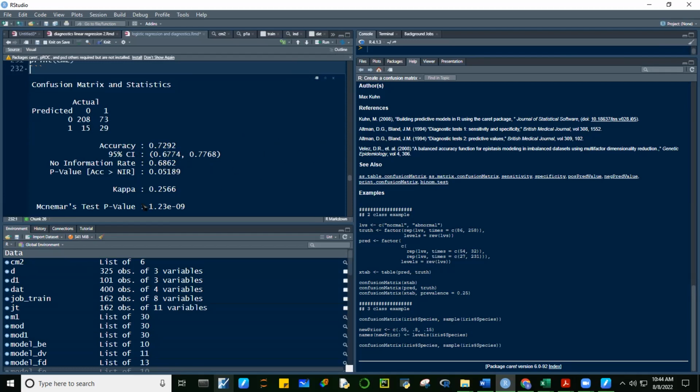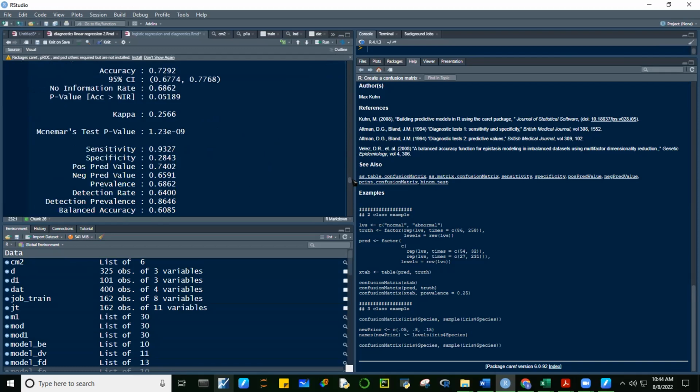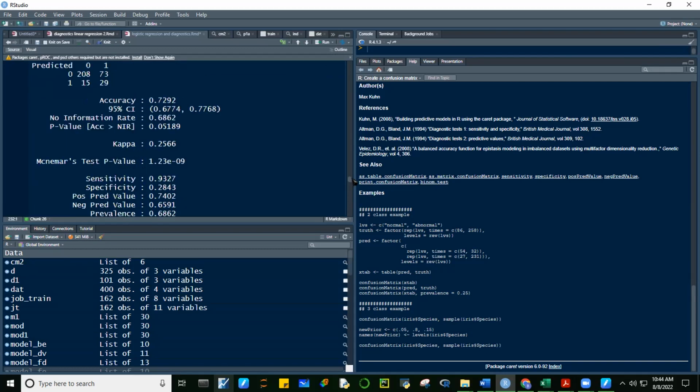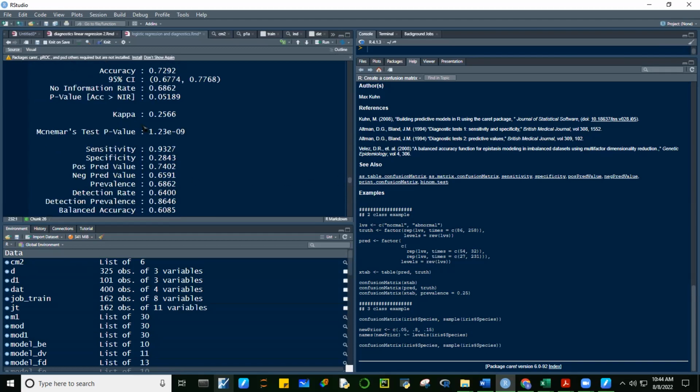Tapos may mga ibang measures pa, may kappa, may McNemar's, may sensitivity, specificity, positive predicted value, etc. So maraming measures na binigay sa atin. Now, I would want you, this coming Wednesday, kindly please look at this, so that on Wednesday, I hope you have already answers here.